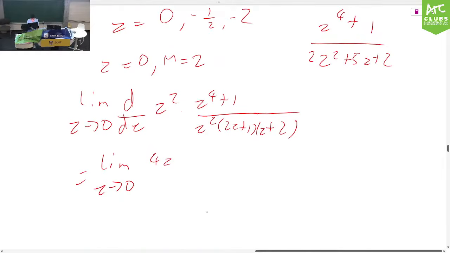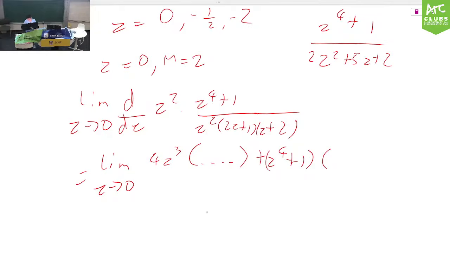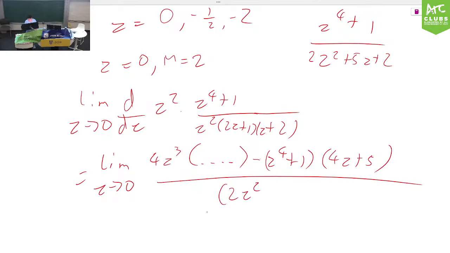So it's 4z cubed times that whole expression, and then z to the 4 times the derivative of the other part, 4z plus 5. Oh no, it's not plus, it's minus, because this is the quotient rule. Fine, I'll just sub in.